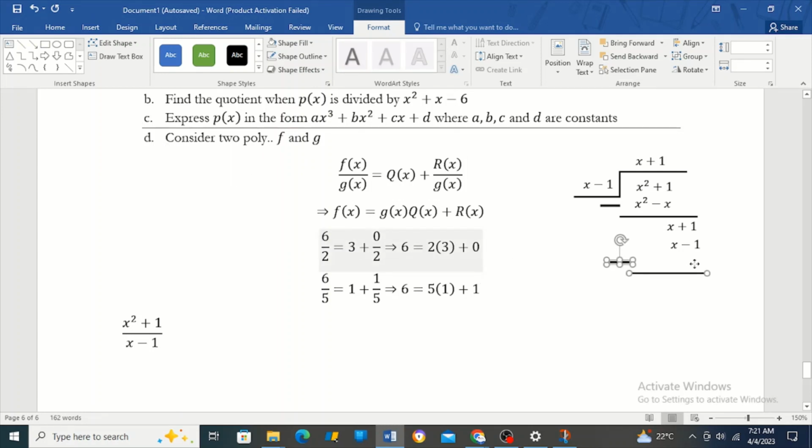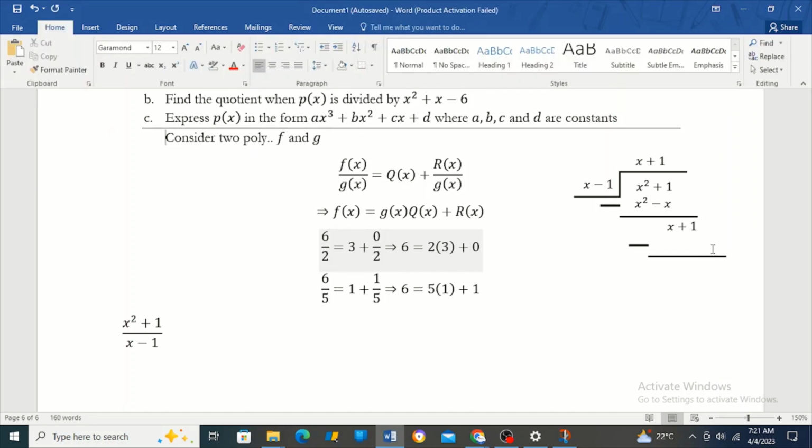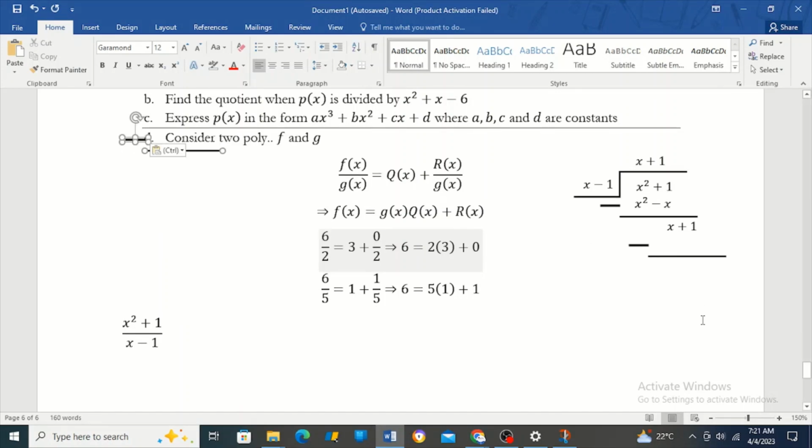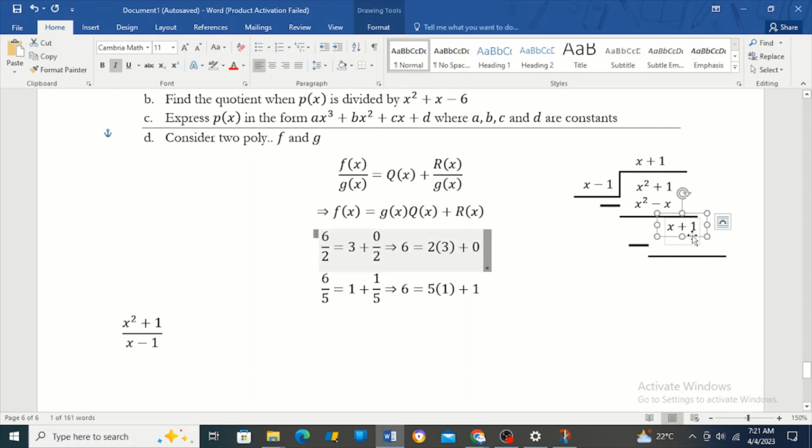When I subtract this, I get x minus x is 0, and then 1 minus negative 1 gives me 2. So 2 is a remainder.